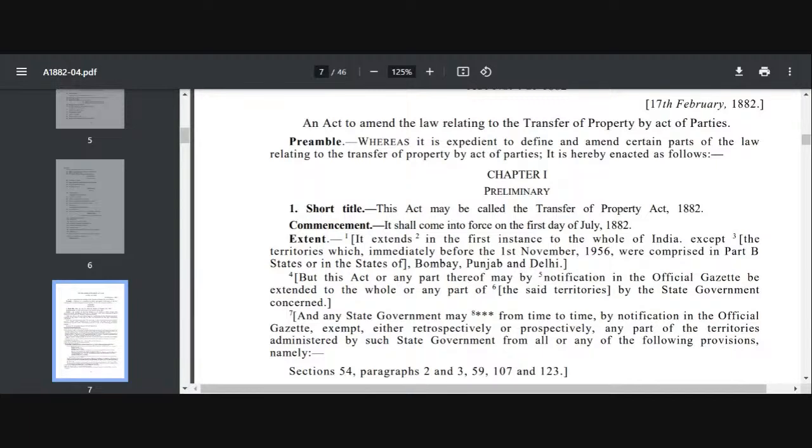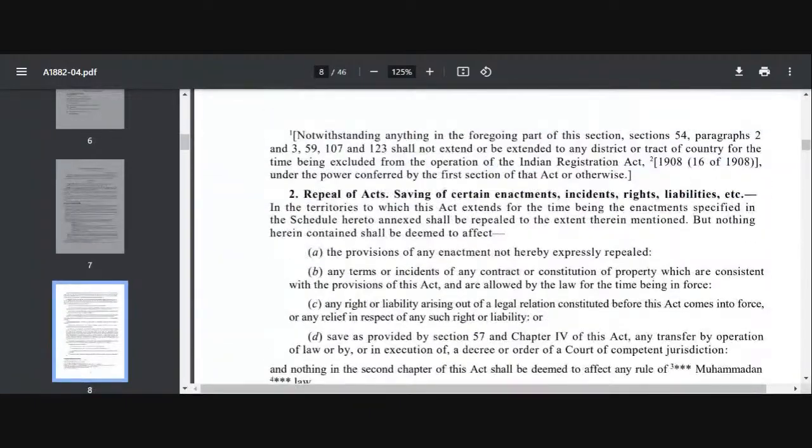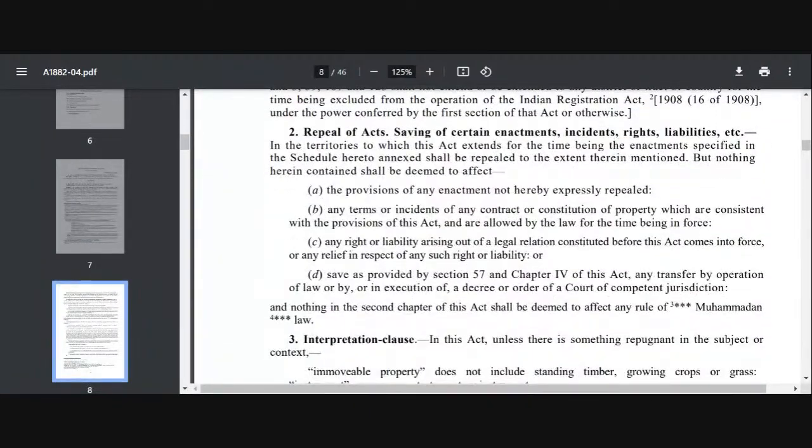Coming to section 2, it talks about repeal of act, saving of certain enactments, incidents, rights, liabilities, etc. Before the commencement of the TP Act in India, transfers were governed by principles of equity and certain statutes.